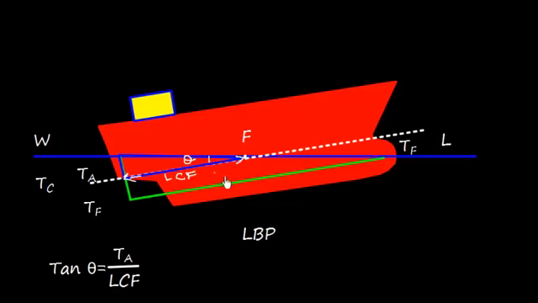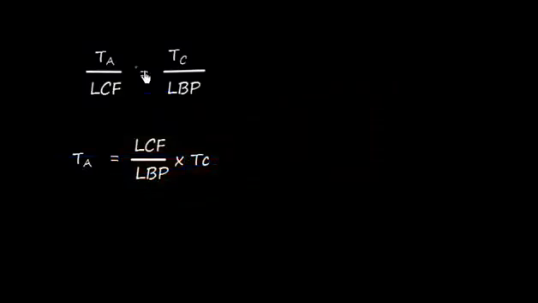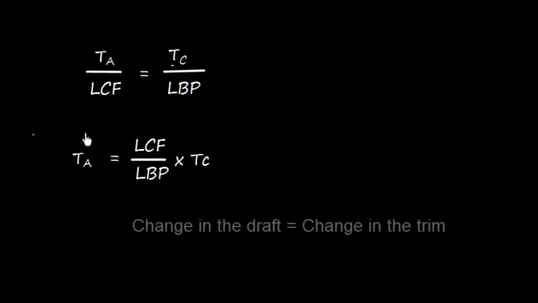Let me mark it again. This is LCF. So we have this relationship where TA divided by LCF is equal to TC divided by LBP, or simply TA is LCF divided by LBP into TC, and this is a pretty useful relationship here.